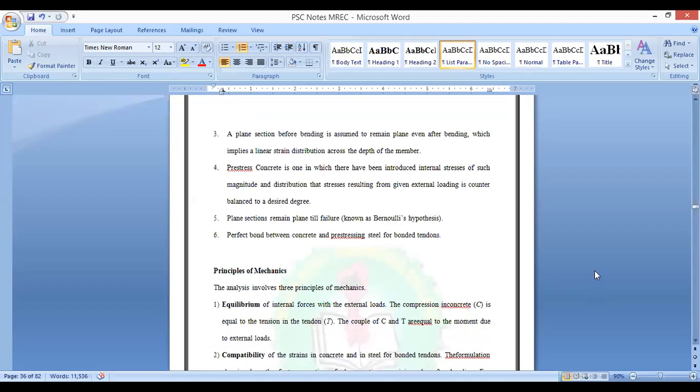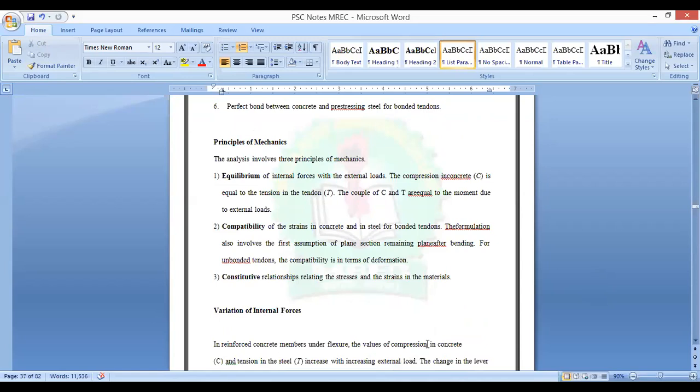And next, coming to the principles of mechanism. What type of mechanism are we using here to analyze the member under flexure? Here the analysis involves three principles of mechanism. To analyze your pre-stressing member under flexure, we are going to involve three principles of mechanism. Mechanism in the sense that when you apply load, the member is bending.